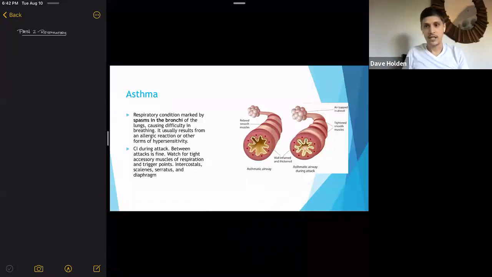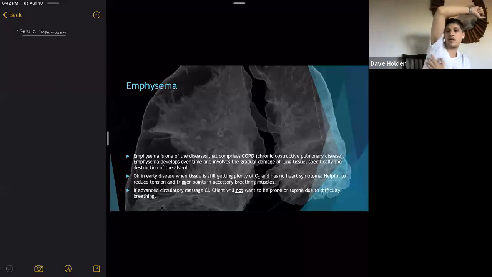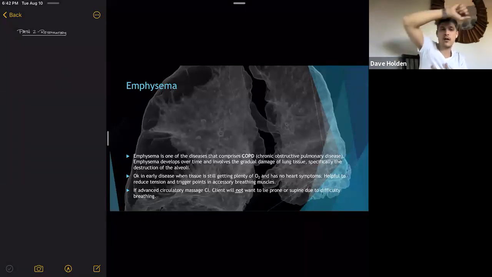That is forced inhalation. Serratus muscles as well. Your serratus posterior muscles. Are you familiar with serratus posterior superior? Cool. That muscle also helps. And serratus anterior, of course.